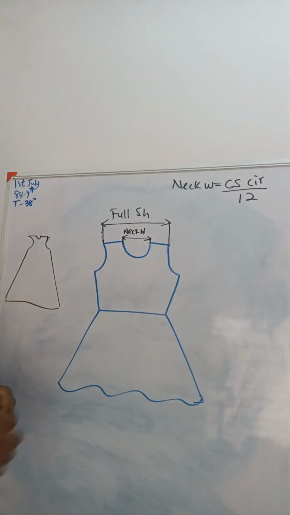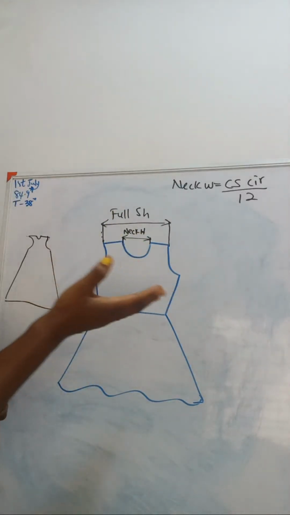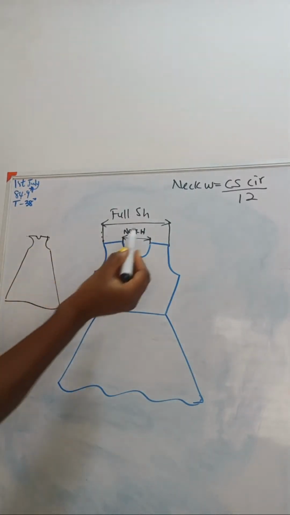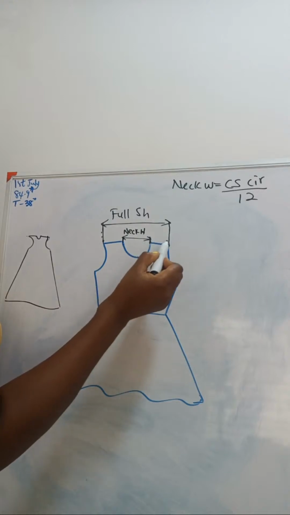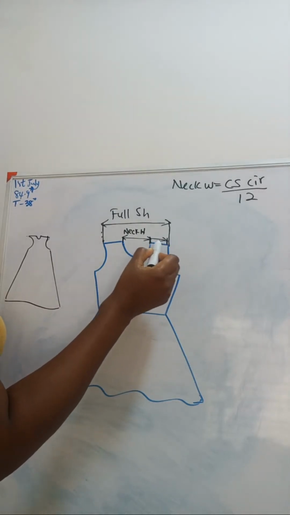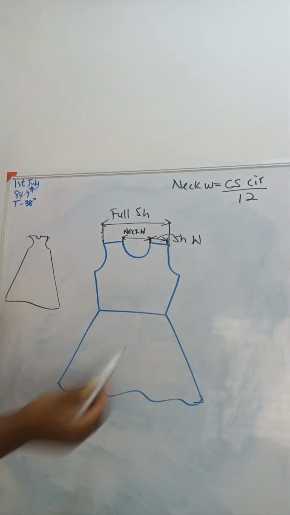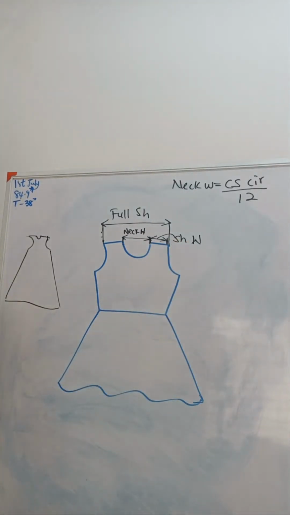However, we have a basic that you can follow. From here to here is our neck width, and from here to here is the shoulder width. These are some basic things you need to know before we go into the chart.